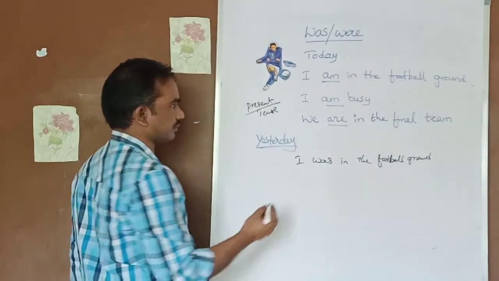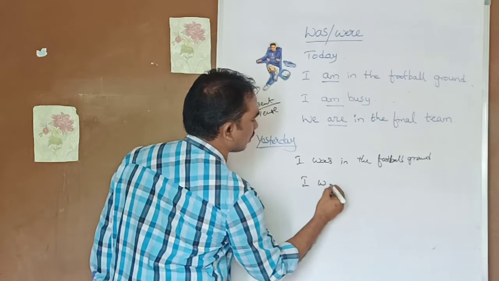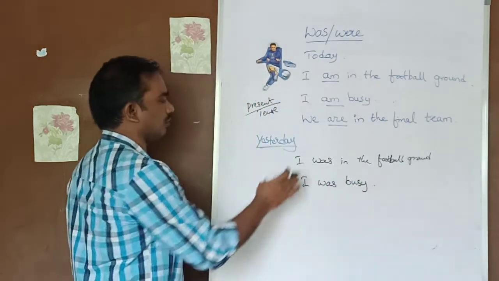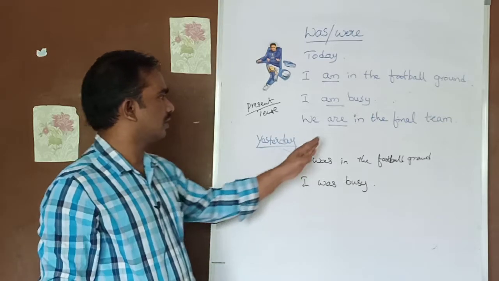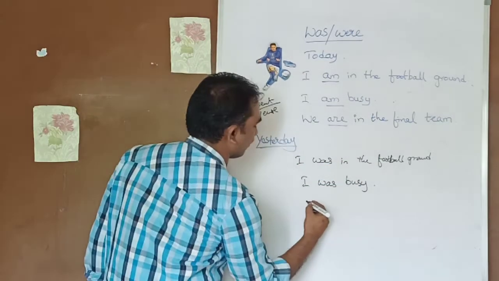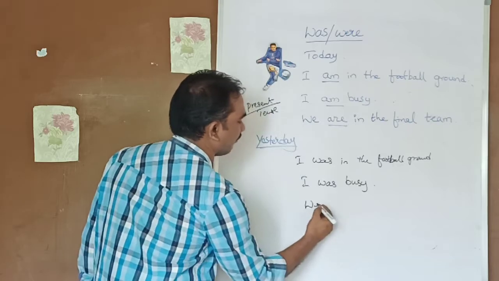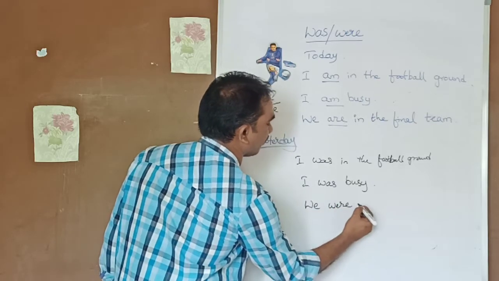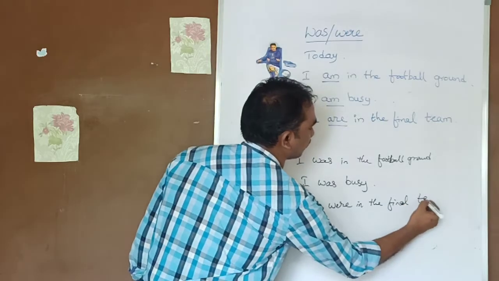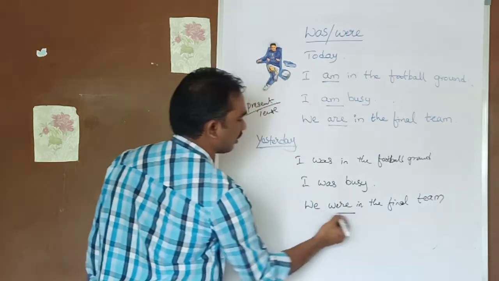How does he say? I was busy. You look at the third sentence: We are in the final team. So how can he say? We were in the final team.